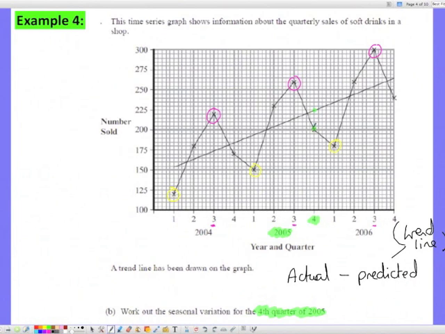Actual value, well, actually the number of sales was 200. The predicted from the trend line was higher. It was up here at 225. So our seasonal variation for this particular quarter, the fourth quarter of 2005, is negative 25. Why is it negative? Because the actual values are lower than the trend line.